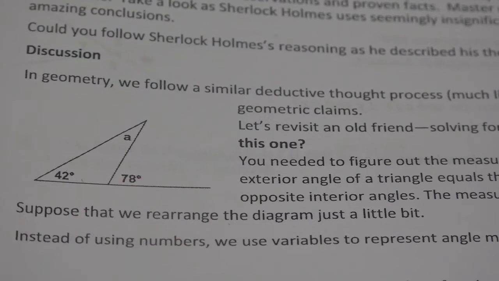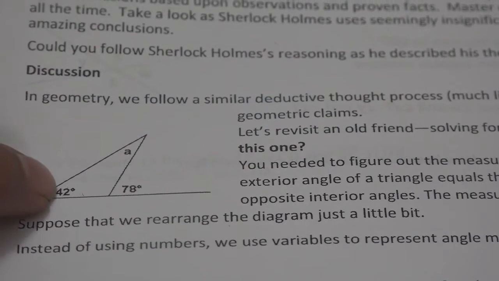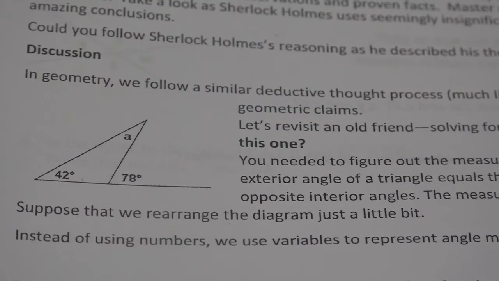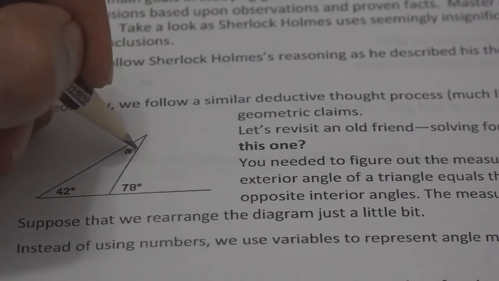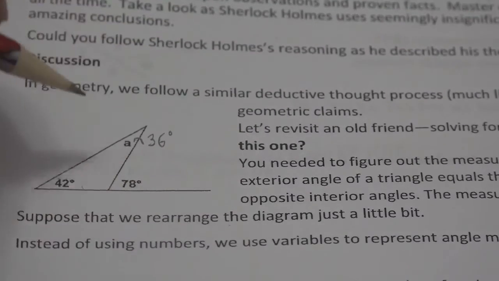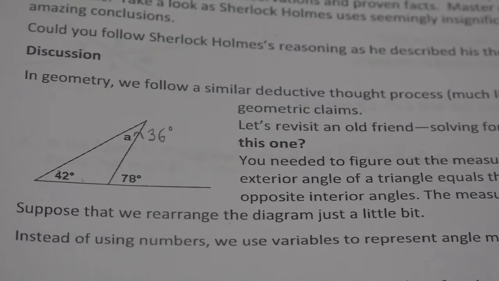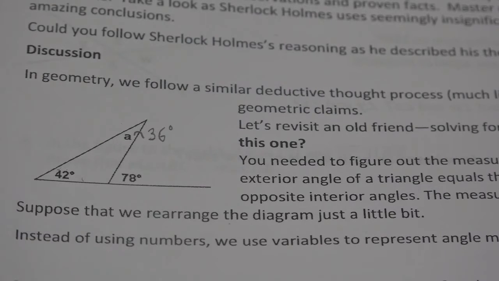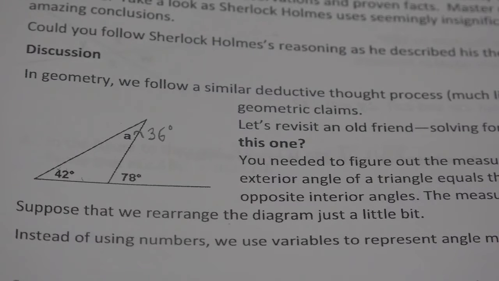So 78 was the same thing as 42 plus A. Okay, so then making A 36 degrees, because 42 plus 36 is 78, and that's how you found the value of A. Okay, now the measure of A must therefore be 36.